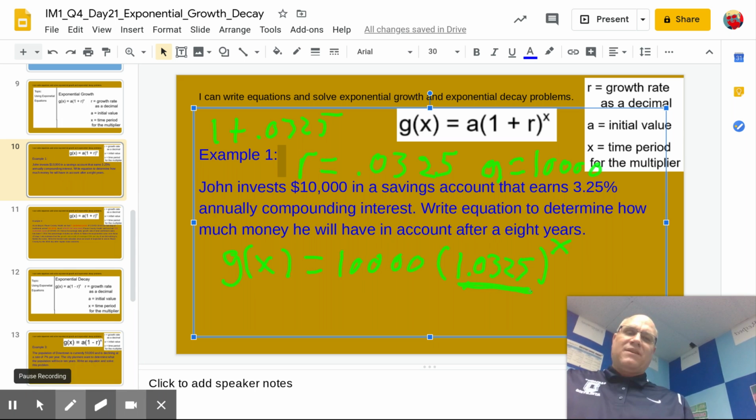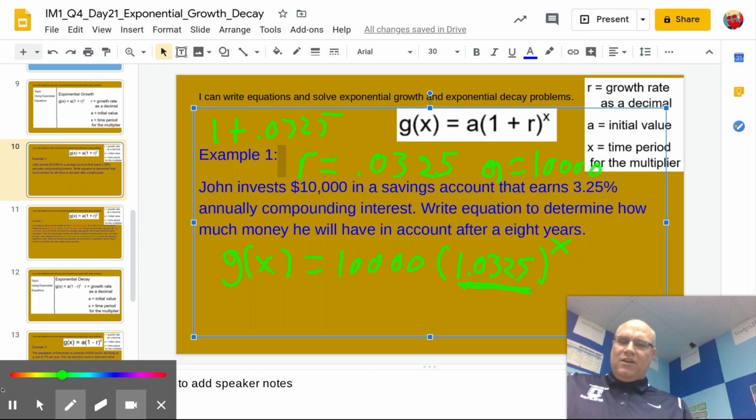So now if I was going to evaluate this function for after 8 years, that means x is 8. So I'm going to go ahead and do that right now. If you have a calculator, see if you can calculate what the value is going to be after 8 years. On my calculator, I went 10,000 times 1.0325 to the 8th power.